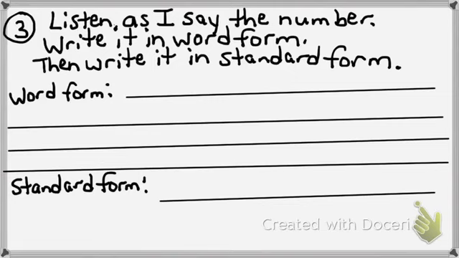So again, I would go back to my recording and listen to what it says. First thing I hear is 20 billion. So I would stop and write that down. 20 billion. I know that billion is the name of a period, so I put a comma after it.